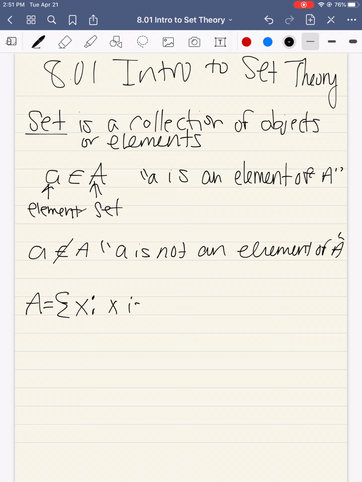So x is a student at North Star, and then a curly bracket. If I want to define A to be the set of all students at North Star, this is how I would do it. I would say A is equal to x, where x is a student at North Star Academy.